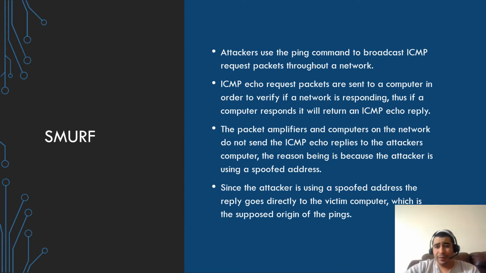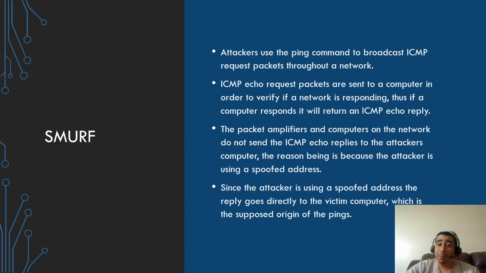In a Smurf attack, the attackers use the ping command to broadcast ICMP request packets throughout a network. The ICMP echo request packets are sent to a computer in order to verify if the network is responding or not. If a computer is active, it will return an ICMP echo reply.